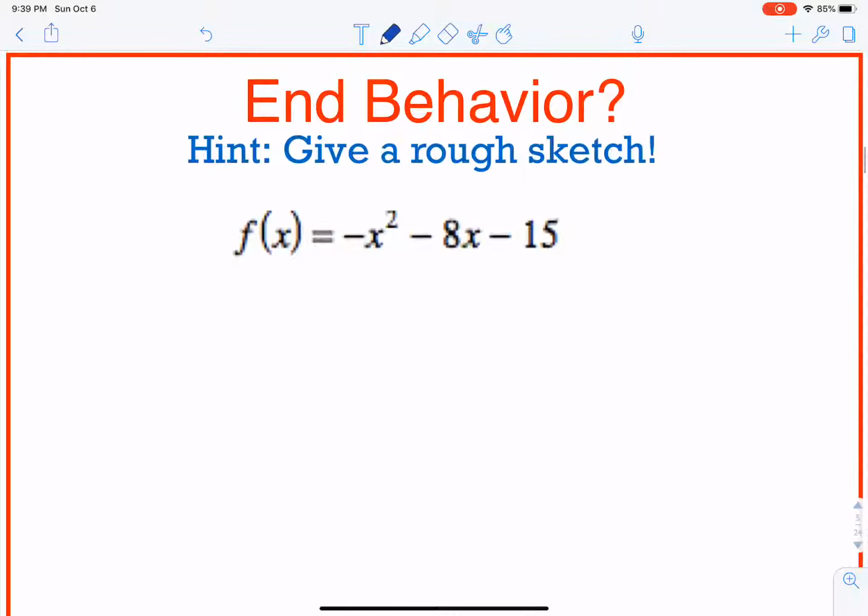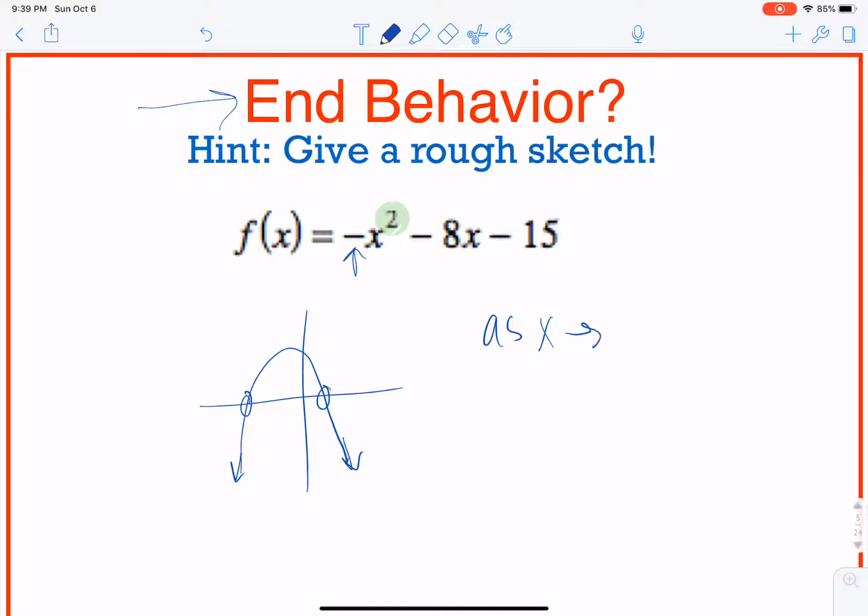Moving forward, we can give another rough sketch. The degree of this polynomial is 2 because the largest exponent is 2. And I can see here that I have a negative lead coefficient. So I know that my end behavior will end up looking something like this. We don't know if this crosses the x-axis twice or 1 time or no times, but we're just looking for the end behavior here.